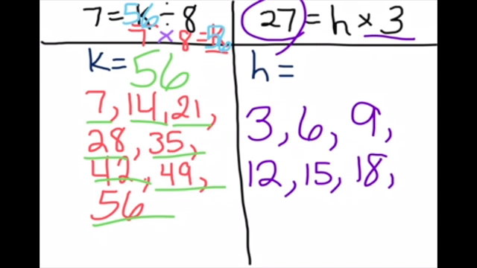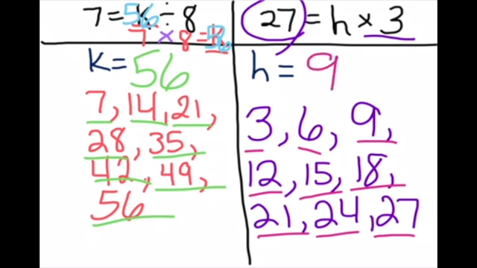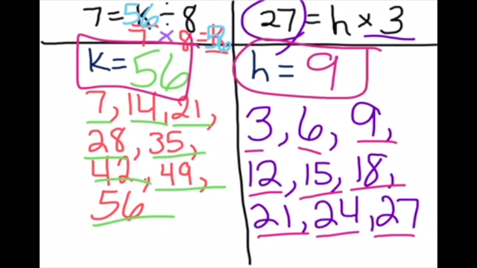What would come after 18? 21, 24, 27. Oop, that's where I stop. Okay, how many times did I count by threes? 1, 2, 3, 4, 5, 6, 7, 8, 9. H equals 9. So you should have gotten K equals 56 and H equals 9.